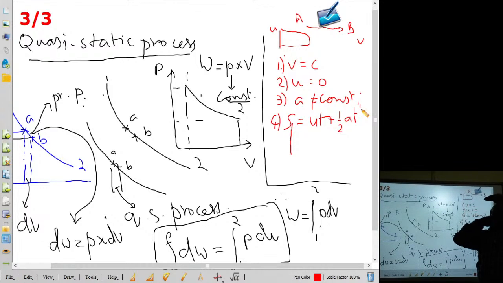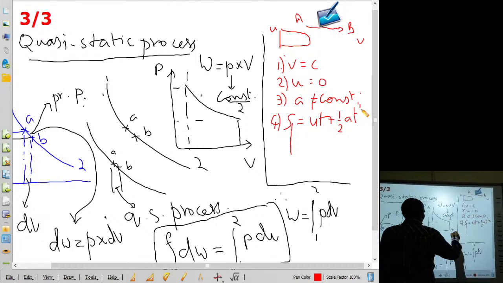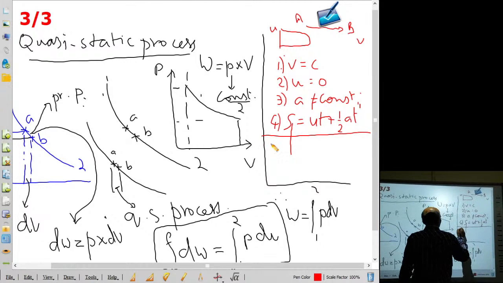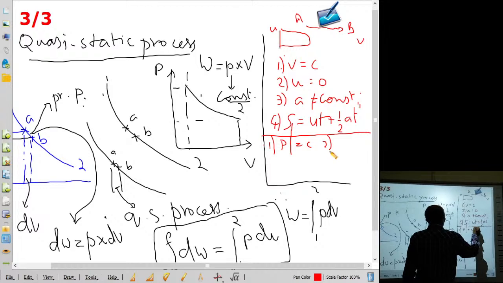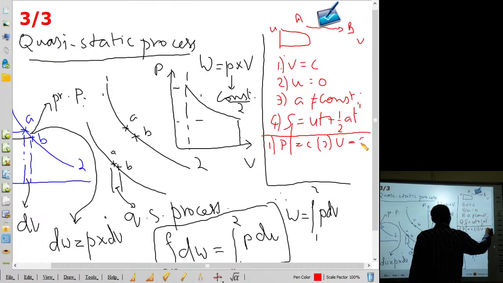From one end of the cylinder to the other end of the cylinder, there can be different types of motion for the piston. One is that for that flow, the pressure can be constant. Second, volume can be constant.